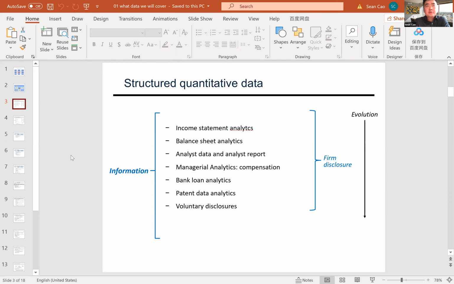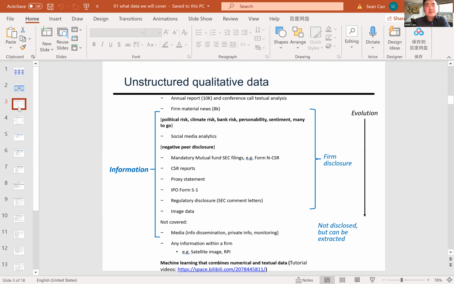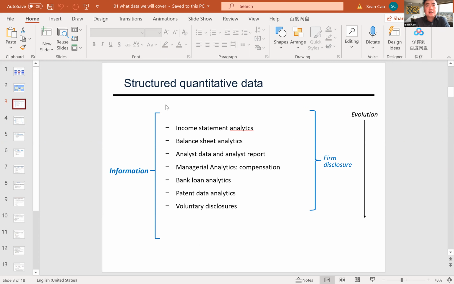So look at this. We have two slides here. The first slide is about quantitative data, which is structured. The reason I'm saying it is structured is because all the data is numerical data.